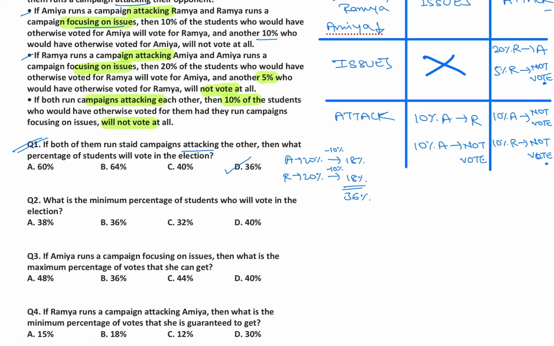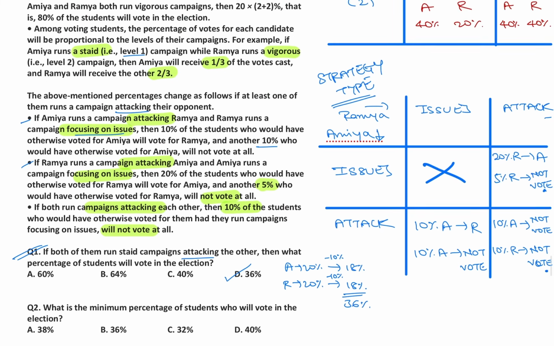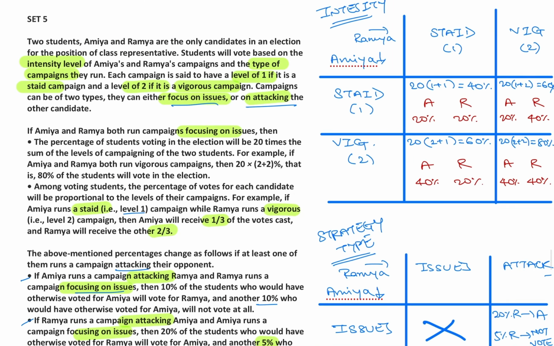What is the minimum percentage of students who will vote in the election? Now, I want to find the minimum percentage of students who will vote in the election. So for this, I'll take the data where the voters are already low. I can straight away think of this.